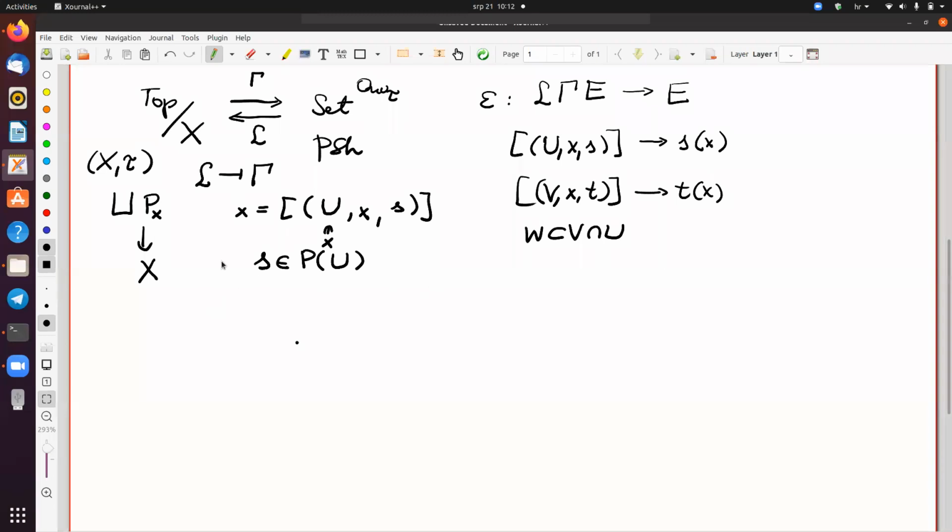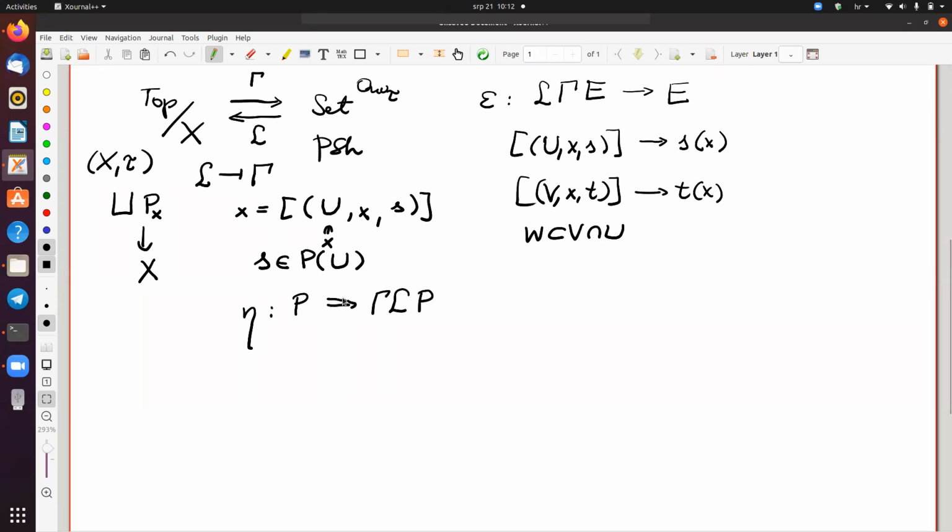And let's see, if I take eta, eta will go from P to gamma lambda P, gamma L P. So that means this is a map of pre-sheaves.